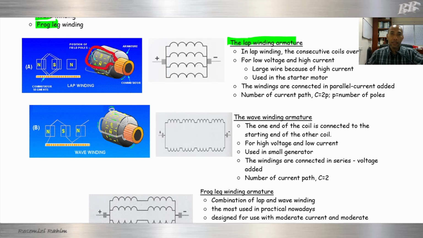We can see that there is overlap between the blue coil, gray coil and red coil. That part is overlap, so we call that lap winding armature.